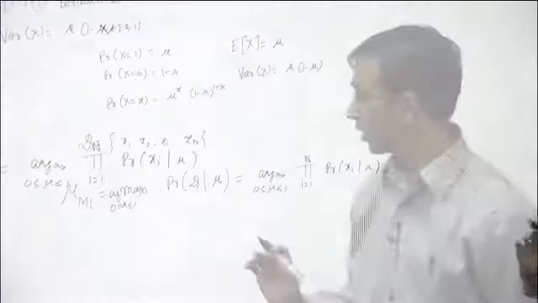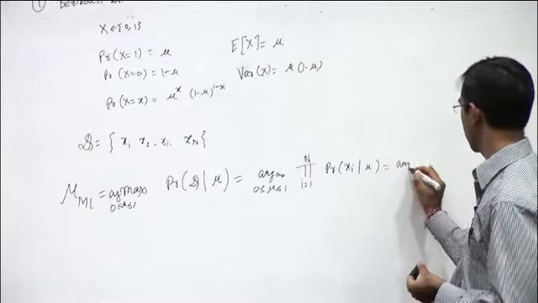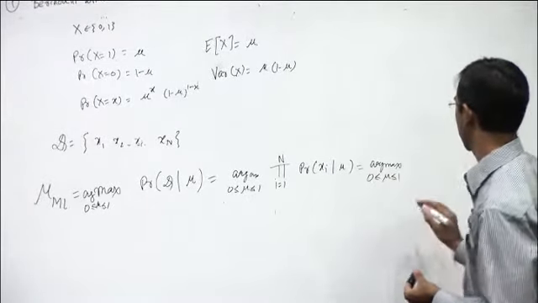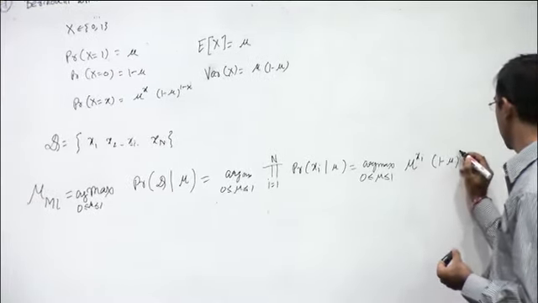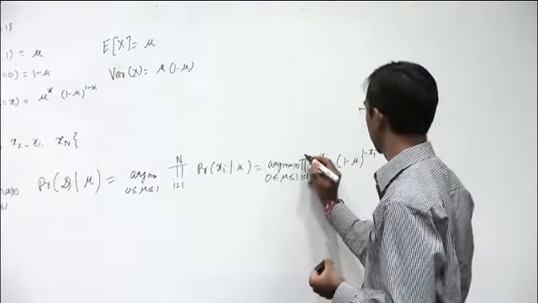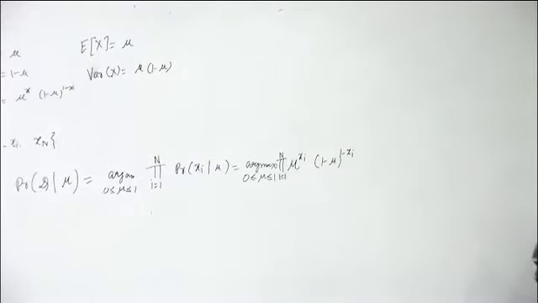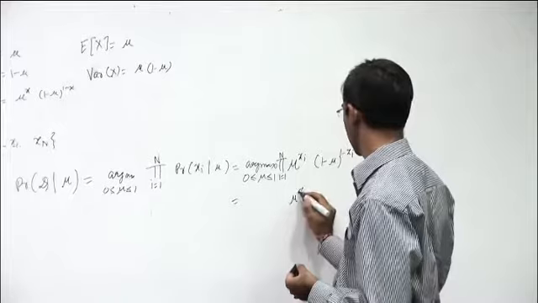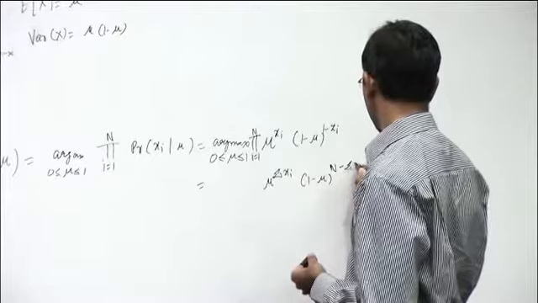This is fine. And we have an explicit representation for this distribution: mu to the power xi times 1 minus mu to the power 1 minus xi. So this is essentially just mu to the power summation xi times 1 minus mu to the power n minus summation xi.